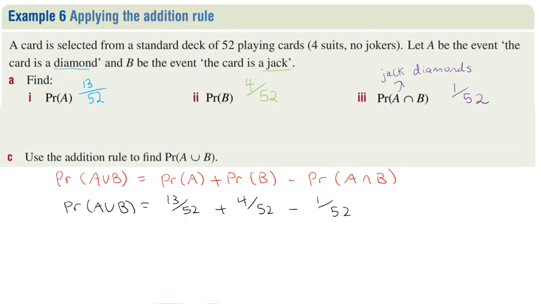Now I just add those fractions. Because the denominator is the same, the bottom of the fraction is the same, I can just add and subtract like normal. So 13 plus 4 is 17, minus 1 is 16. So 16 over 52. That's the probability of A or B.